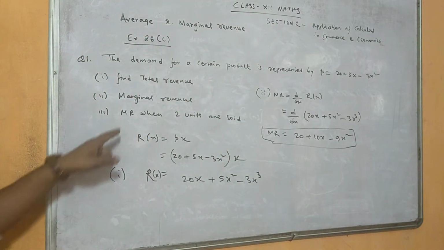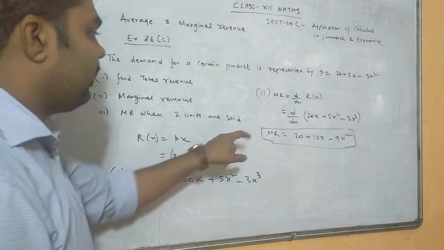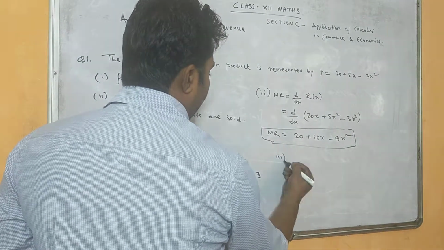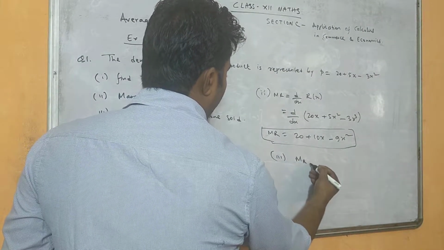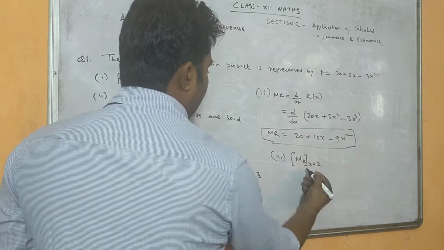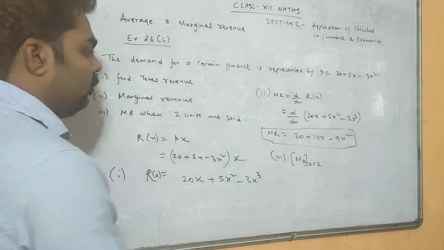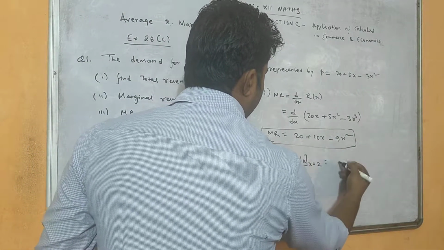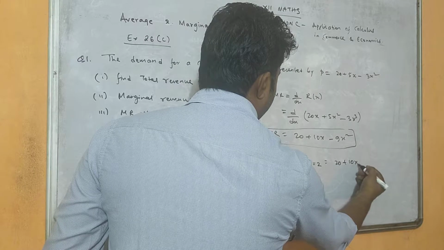Next, what you have to find is the marginal revenue when 2 units are sold. That is point number 3, marginal revenue when x equals 2. In this marginal revenue we substitute 2 in place of x.